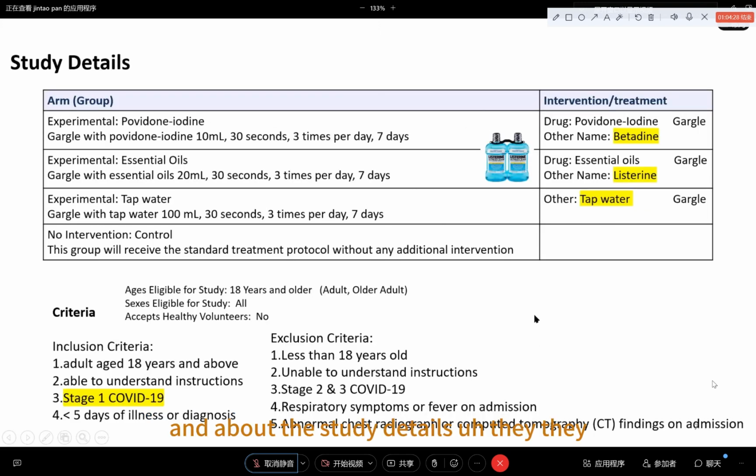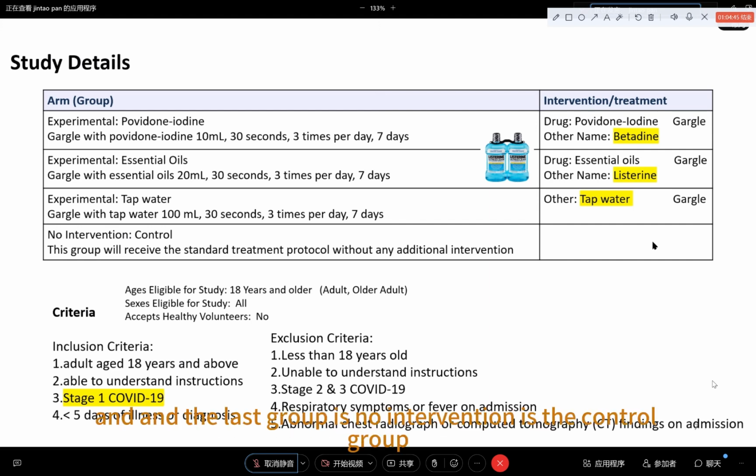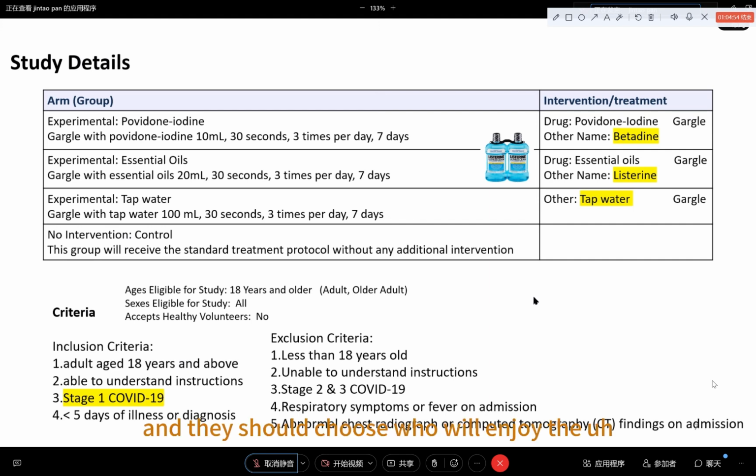About the study details, they divide into 4 groups: Bacterium, one of the Listeria, and tap water, and the last group is no intervention, the control group. They should choose who will join these clinical trials, with inclusion and exclusion criteria.